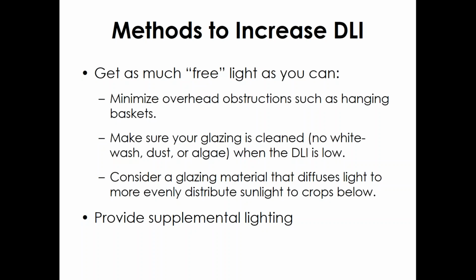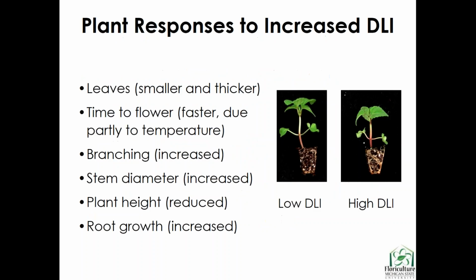Another really important and easy thing to do is making sure that your glazing material is clean. So taking off that whitewash, dust, or algae, and also replacing that glazing material as it ages. Considering a glazing material that diffuses light more evenly and distributes the sunlight across the crop is also going to help. And of course, really the greatest increase in that daily light integral is going to come from supplemental lighting.